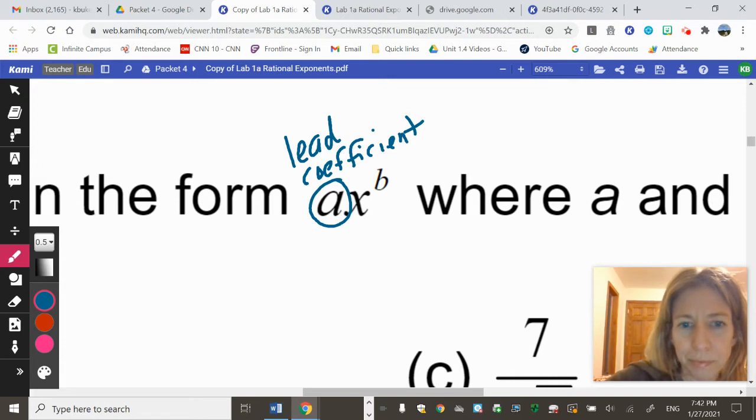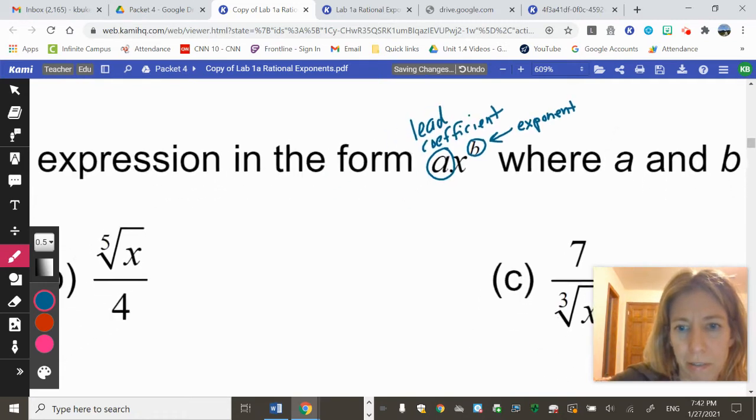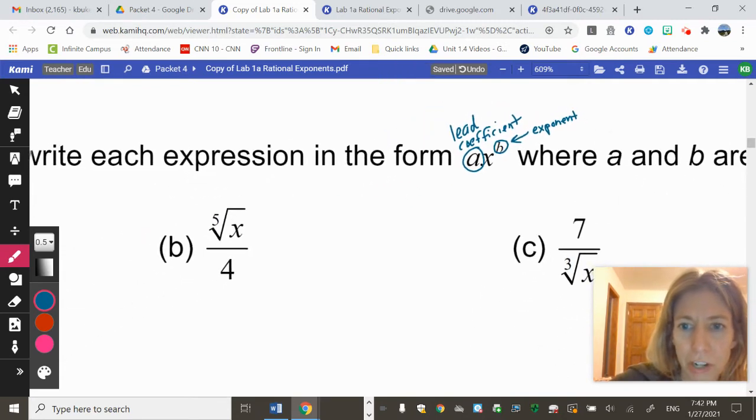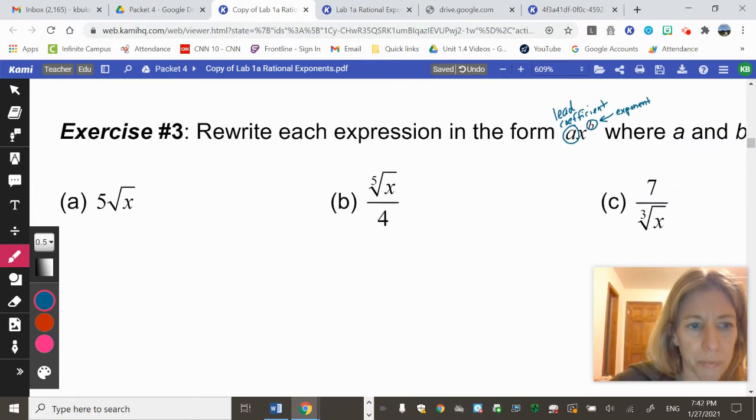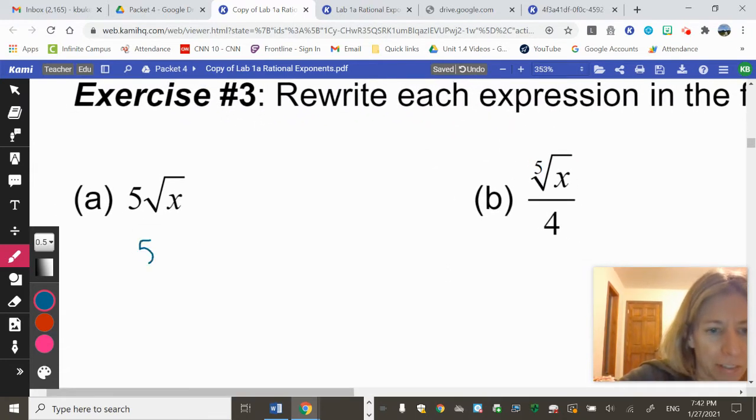And b is just an exponent, and since it can be rational, that means b could be a fraction, and most likely it's going to be, since we're talking about rational exponents.